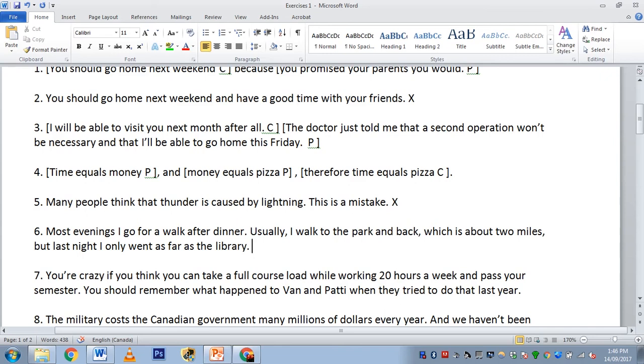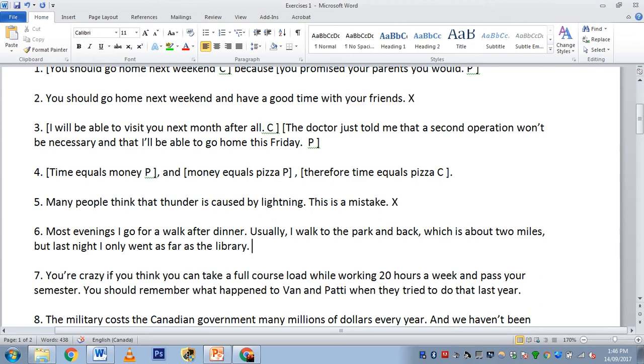So you're saying the main point of this statement is thunder is not caused by lightning. Right, yeah. So if it's an argument, it's a bad argument. Nobody's giving a reason to believe that thunder is not caused by lightning. It is caused by lightning, so that would be a weird thing to argue for. But I don't know how to read that as an argument, really.